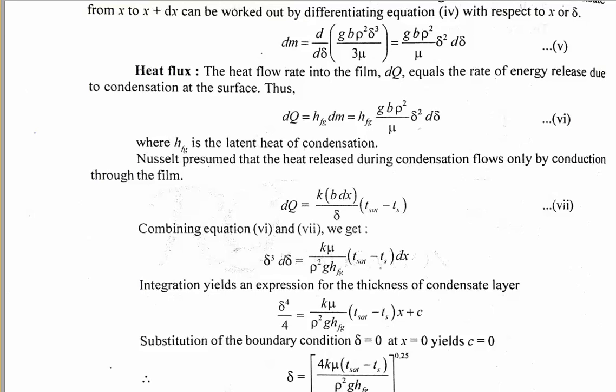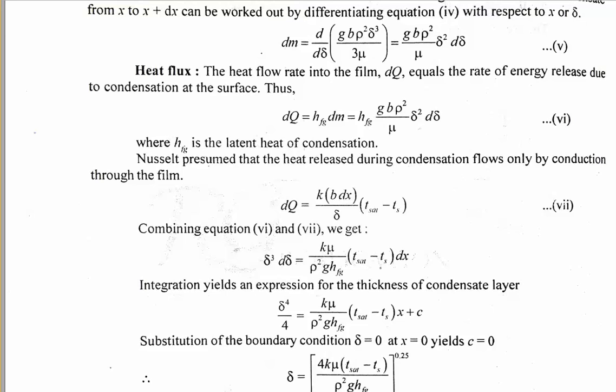Then Nusselt presumed that the heat released during condensation flows only by conduction through the film. dq is equal to k b dx by del into T saturation minus Ts.